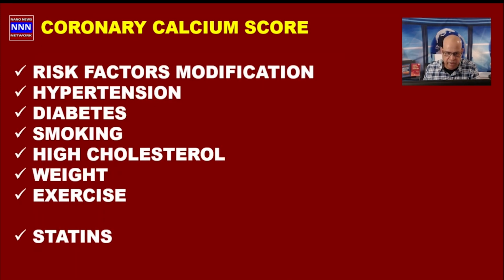So, ladies and gentlemen, if someone has a high calcium score like greater than 400, it should be of major concern. You should be under the guidance of a specialist, like a cardiologist.